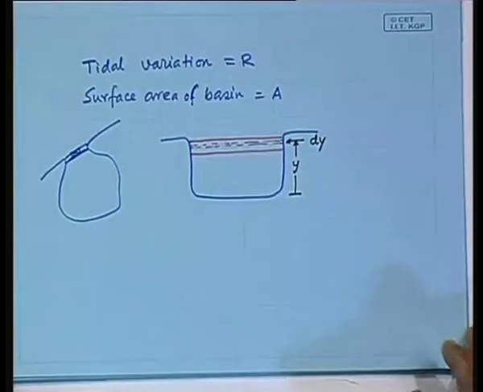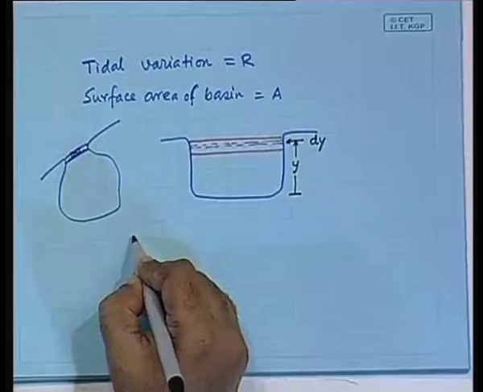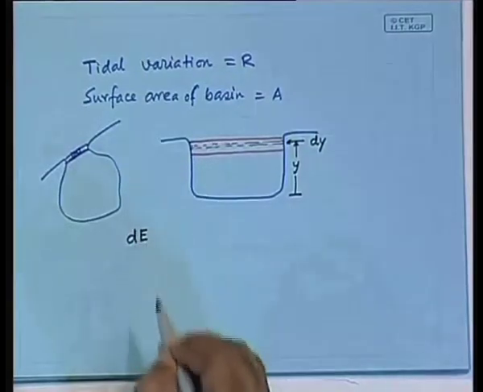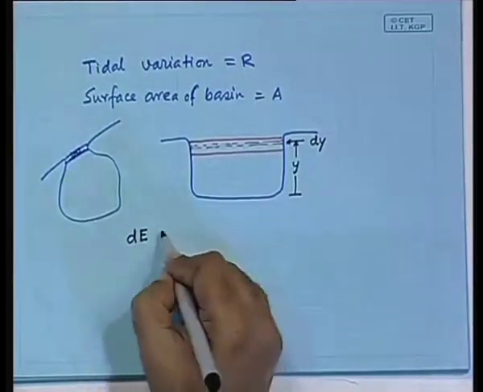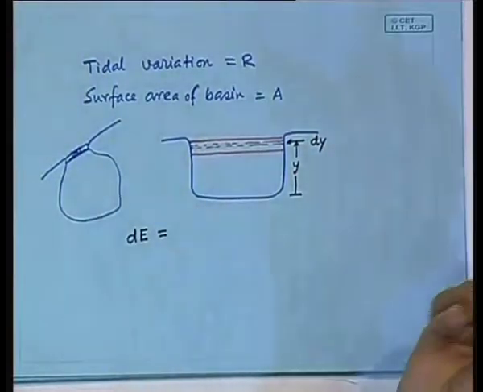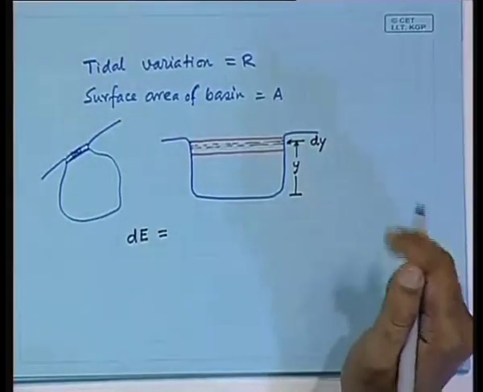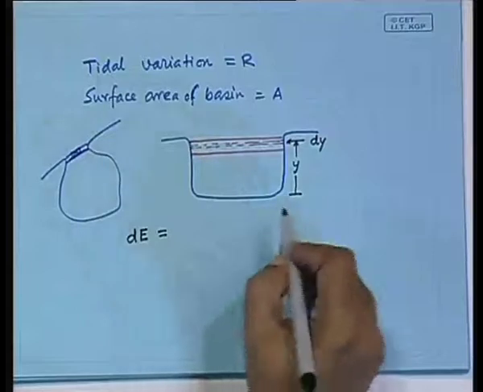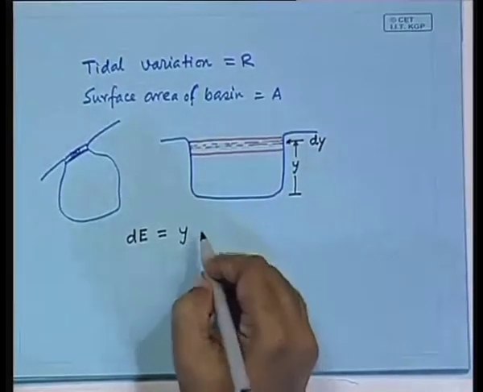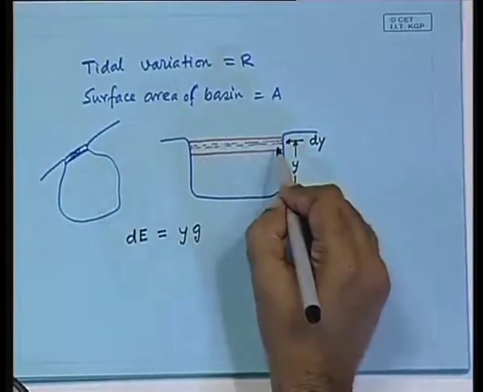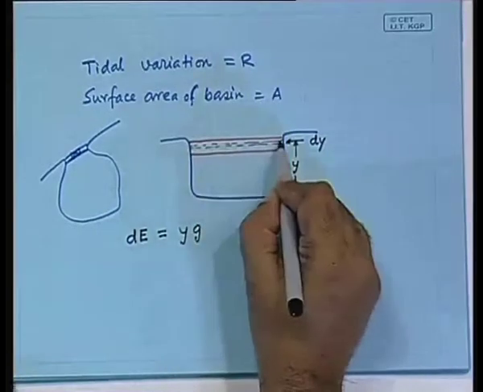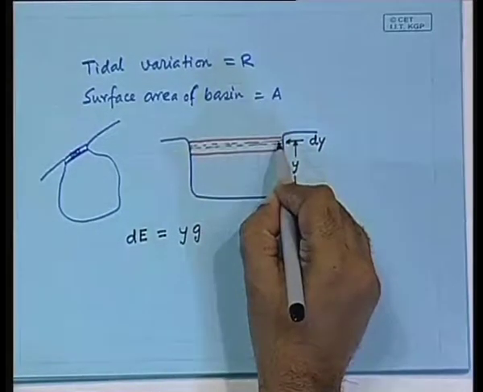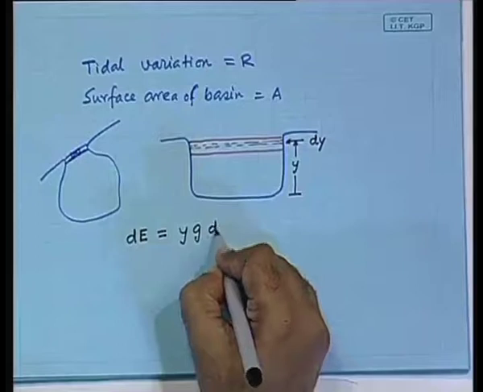Then your potential energy dE is mgh, where h is y, g, and let the mass of the water be dm.